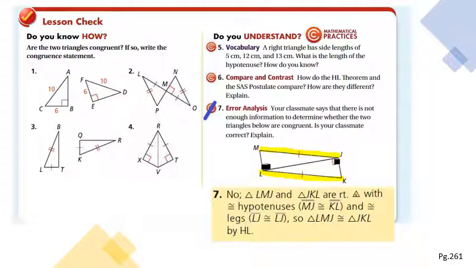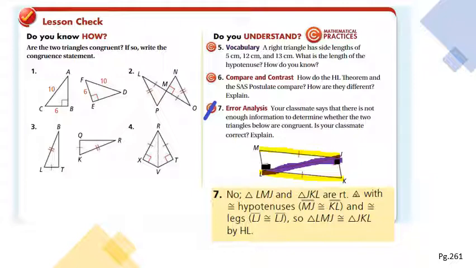Do you have the third condition here or not? Tell me. Of course, yes. We have the third condition. It's LJ. Here, this side, we know that it's congruent to itself. LJ is congruent to itself. And this is also the hypotenuse.